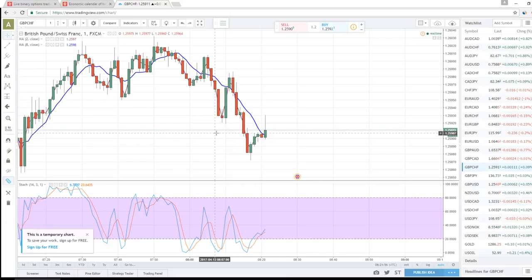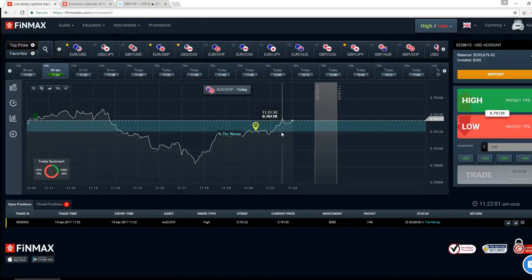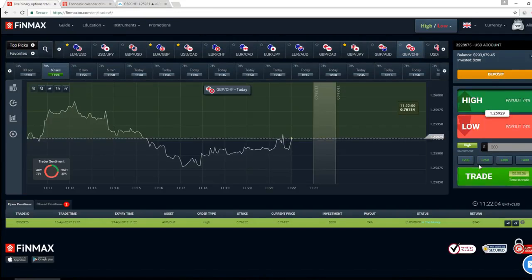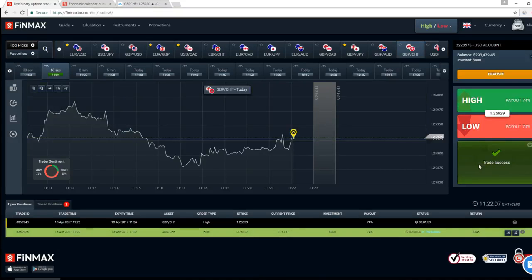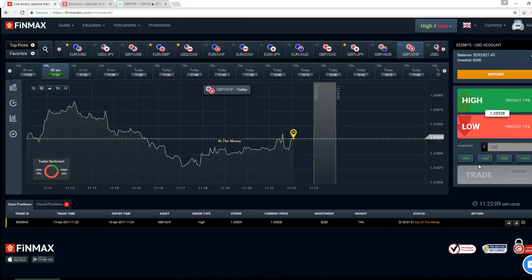British pound to Swiss franc, also pretty exciting and attracting. I'm entering British pound to Swiss franc and cross out the Australian to Swiss franc.